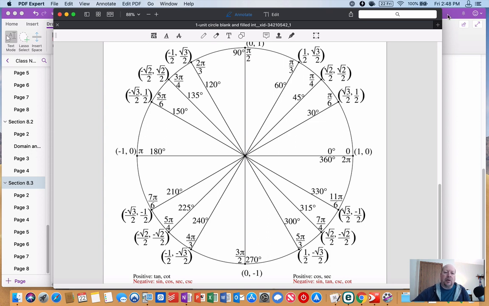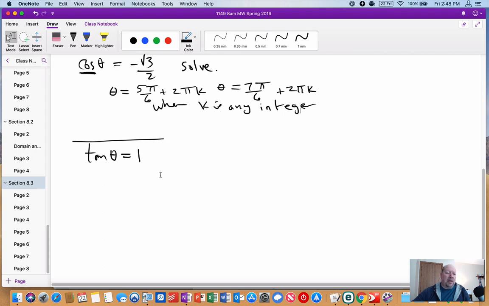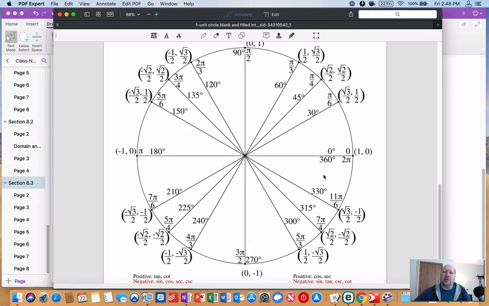Now, the one thing about the tangent, though, is that the tangent values repeat more frequently than the sines and cosines. So all we have to do is take that very first angle and then add multiples of pi, which is the period for the tangent.